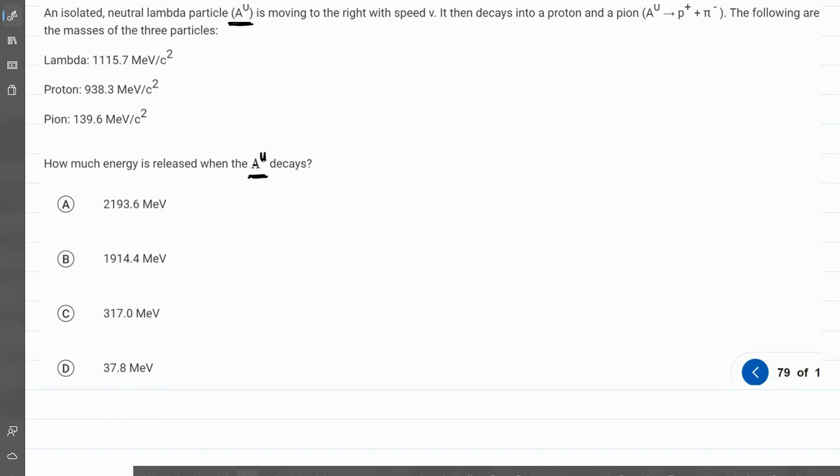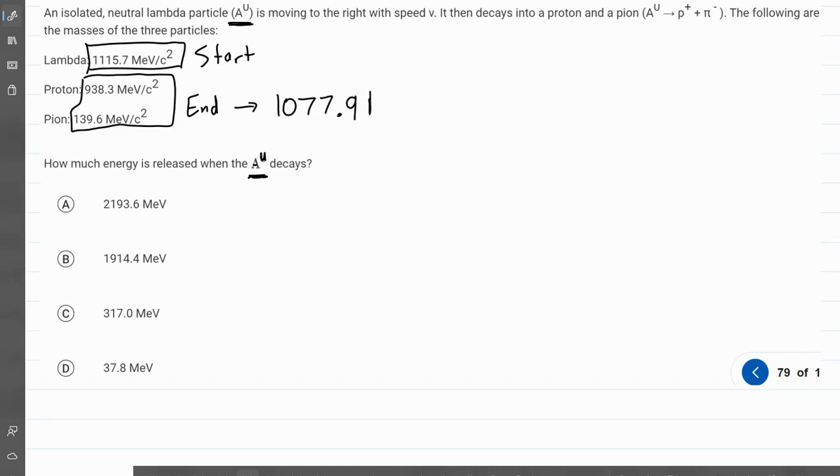Okay, well, we start with this much, right? We start here with our lambda particle, and then we end with the proton and the pion together. So if we take a look at how much we end with by adding these up together, 938.3 plus 139.6, we end with 1077.9 MeV per c squared.